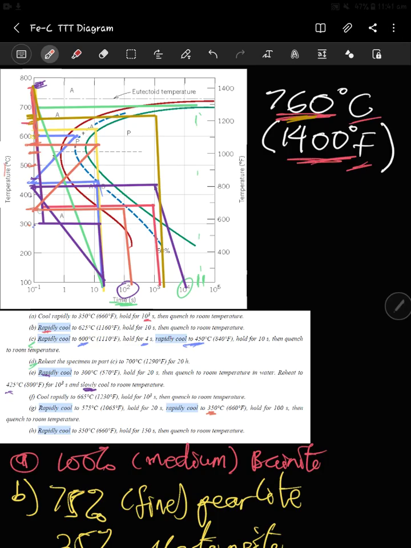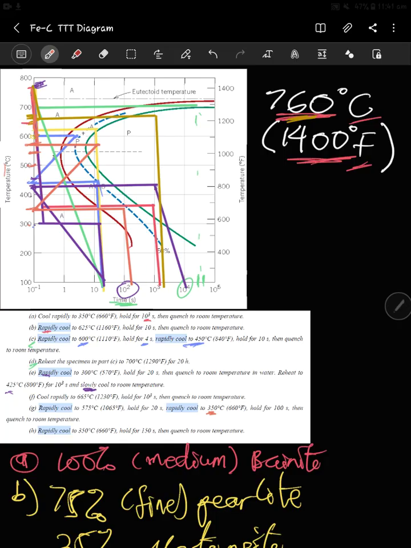And then now we hold. Even though we are holding, pearlite doesn't convert to martensite. Sorry, bainite, right? So after we get the 100% fine pearlite, whatever you do to it depends. From the 100% fine pearlite to here, and then to here, it doesn't change to bainite, right? And pearlite doesn't transform to martensite, right?